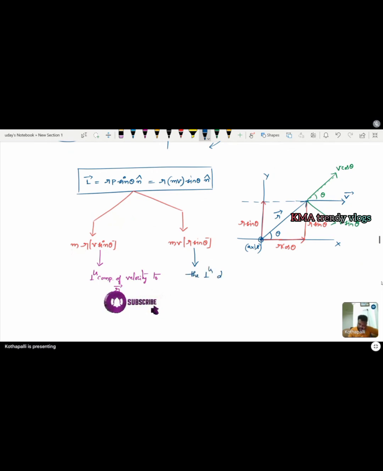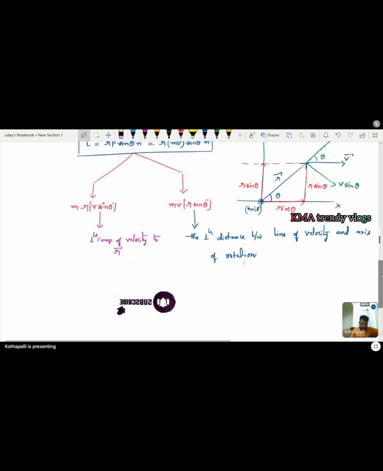Which means we can write it is the perpendicular distance. Again, the perpendicular distance between what and what? Between the line of velocity and the axis of rotation.